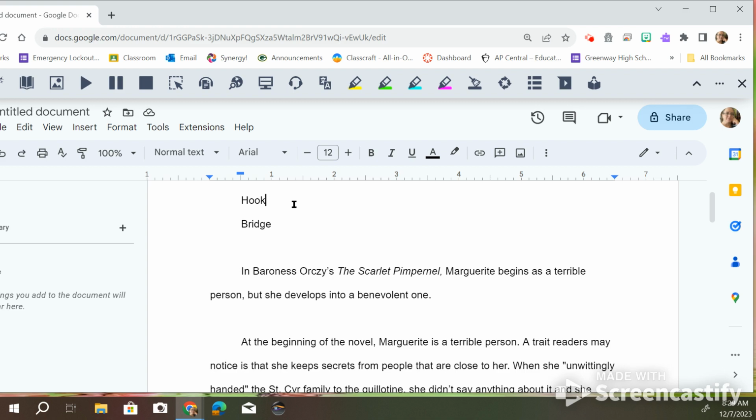Okay, there are lots of different kinds of hooks you can use. A hook is something that grabs the reader's attention and makes them want to read what you're writing. So you could have an interesting quote and then explain the quote's significance to your topic. My kids often use philosophical foundations, so they will talk about the great philosophies of the world and then how their ideas fit into that philosophical base. You have a lot of different hooks that you can use, but the one that we're going to be working on is a historical hook.